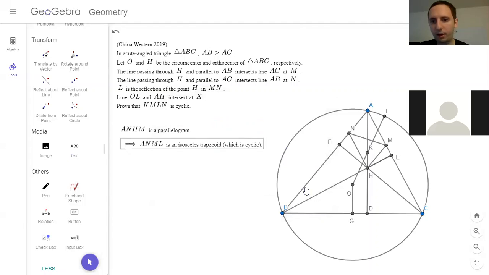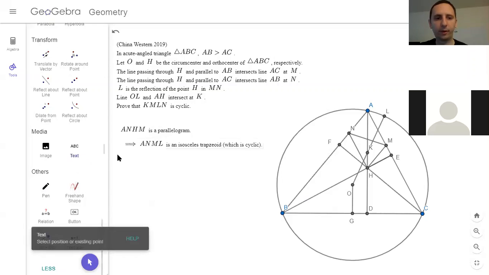And by a spiral similarity at A, triangle LNM is similar to triangle LBC.